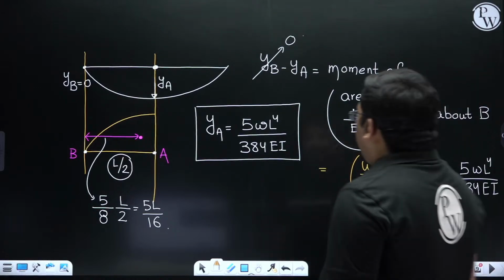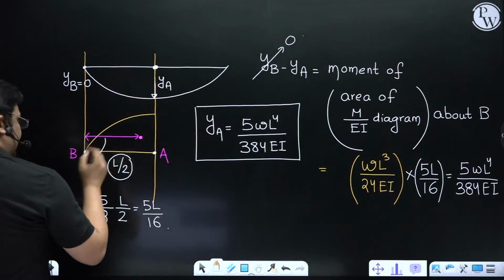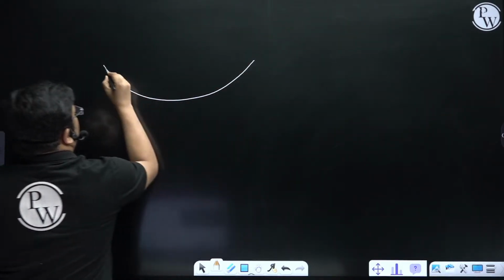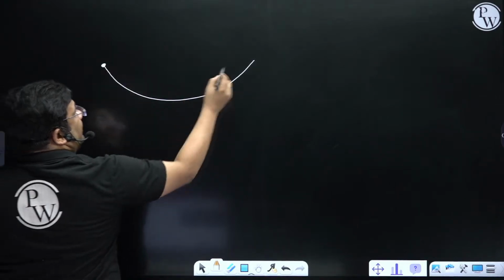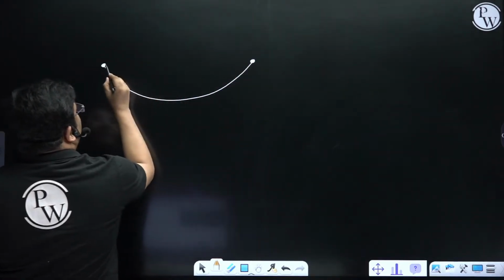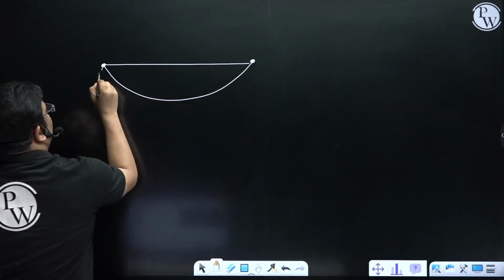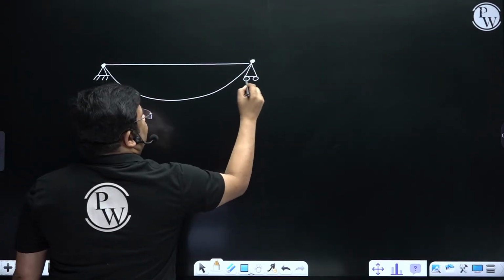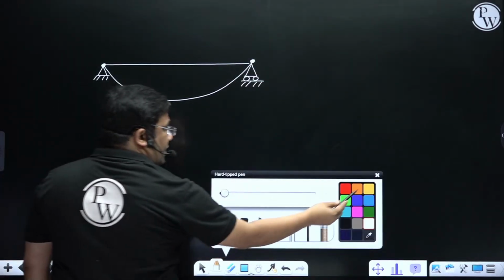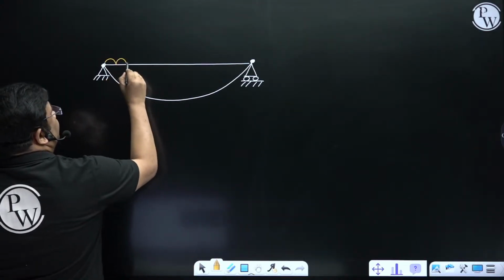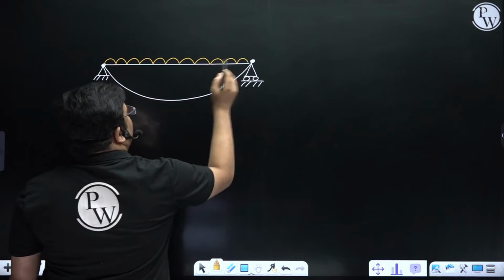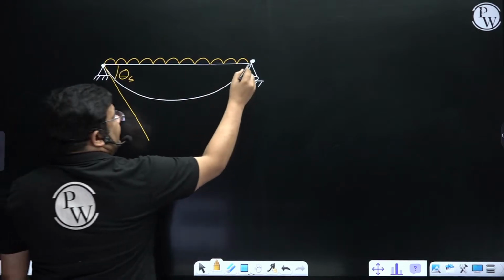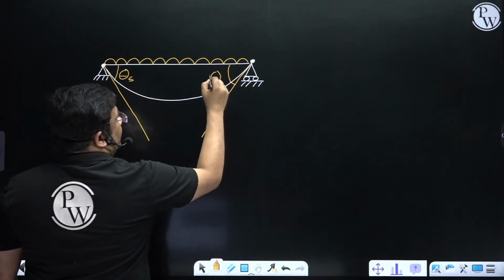Yes. So now let us summarize what we have studied till now. If we have a simply supported beam with a UDL, then by symmetry I will get the same slope at the supports.